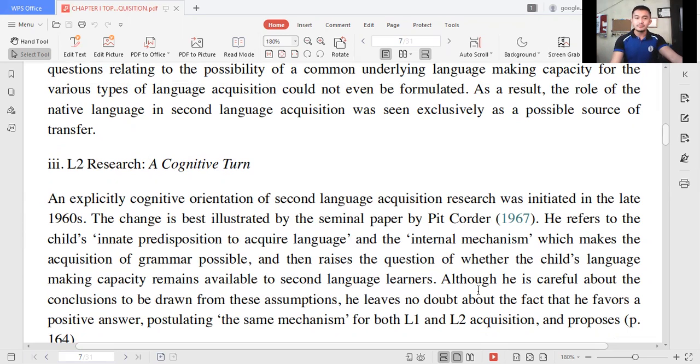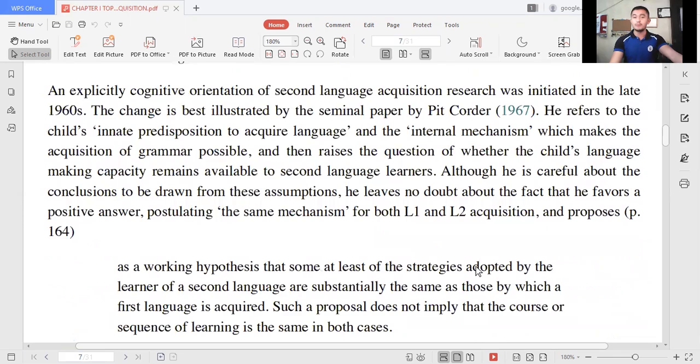And moreover, although he is careful about the conclusions to be drawn from these assumptions, he leaves no doubt about the fact that he favors a positive answer, postulating the same mechanism for first and second language acquisition.